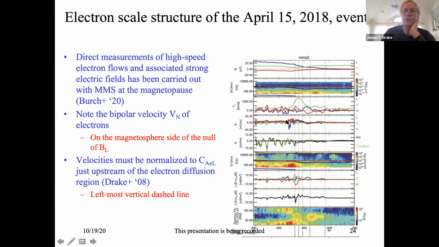I'm not sure if the person asking the question is really asking about this strong turbulence or not, but it's clearly playing a role in the dynamics, especially in the dynamics of the current that's being driven on the magnetosphere side of the null region.